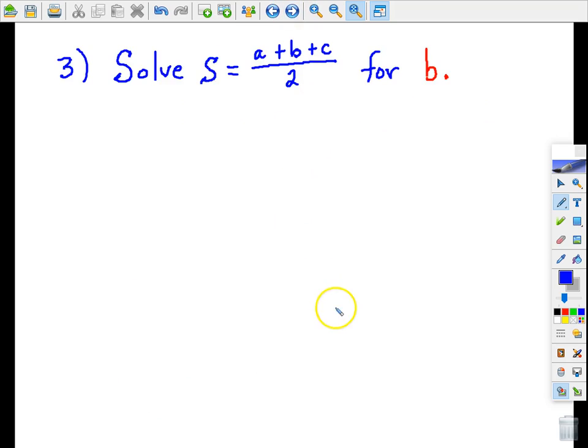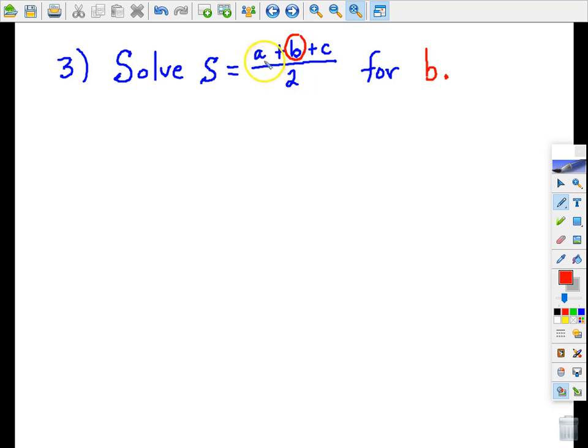Okay, let's try another one. Here, our variable that we're trying to solve for is in the numerator, obviously. And this whole numerator is being divided by 2. Since it's the entire numerator, I cannot divide 2 into a without also dividing 2 into b and c.